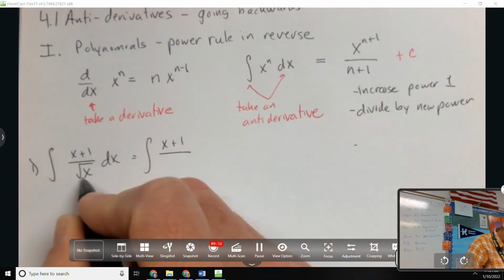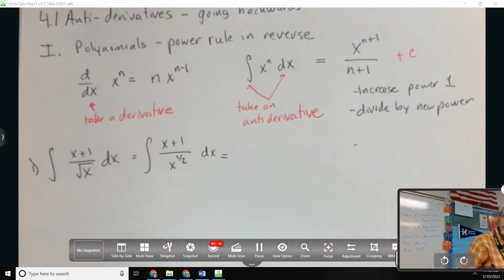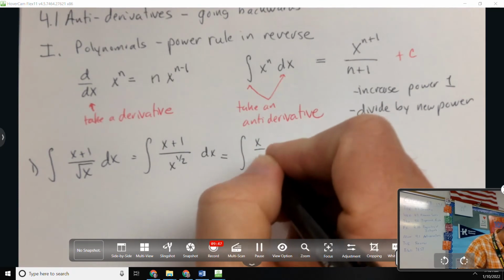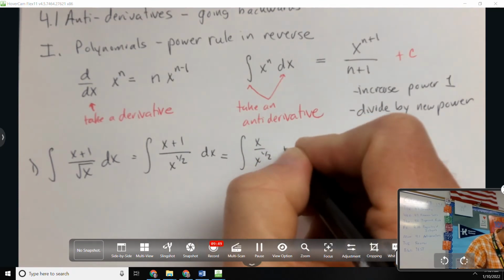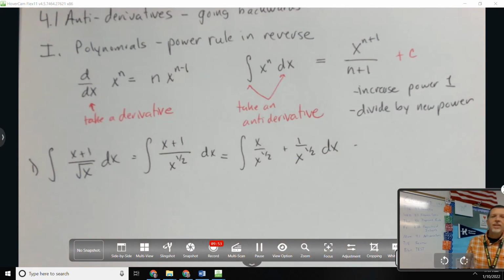So I'm going to rewrite square root of x as x to the 1/2. Then maybe this is overkill, but they're both over x to the 1/2. Right, I can split that fraction up like that, sort of unadd them.